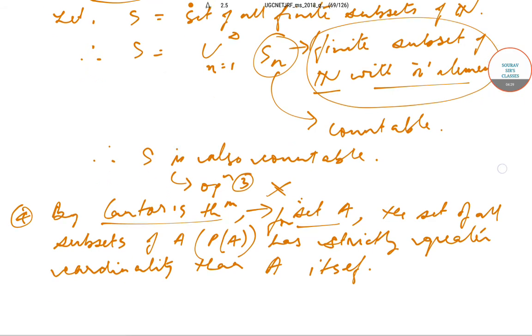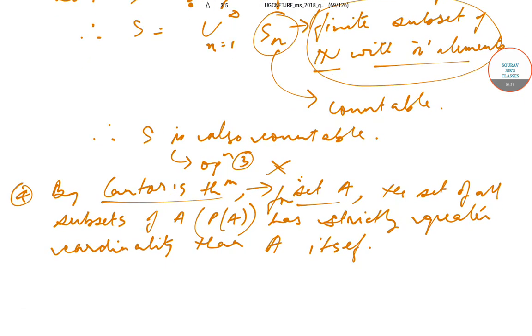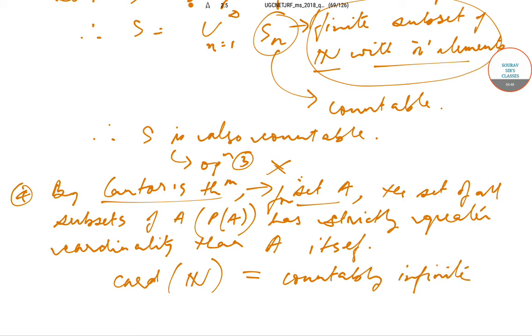So what can we then write? We know that the cardinality of the set N, basically the cardinality of the set of natural numbers, is countably infinite. And we also know from Cantor's theorem that for a set A, the set of all subsets of A has strictly greater cardinality than A itself.